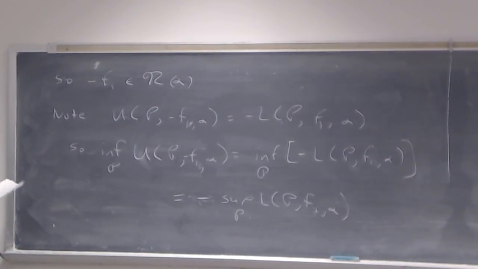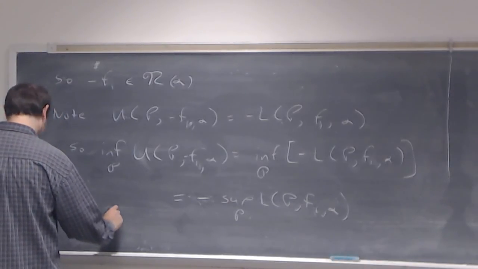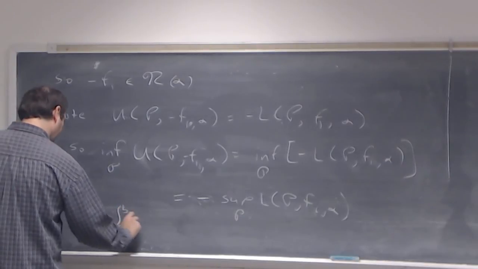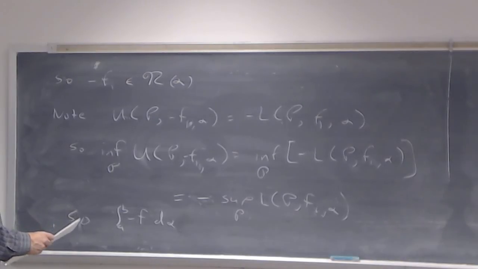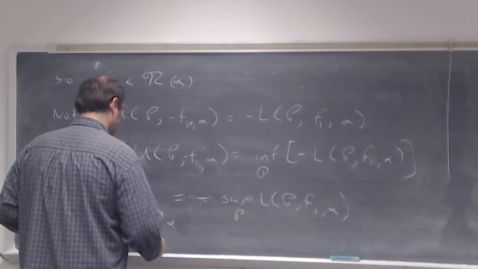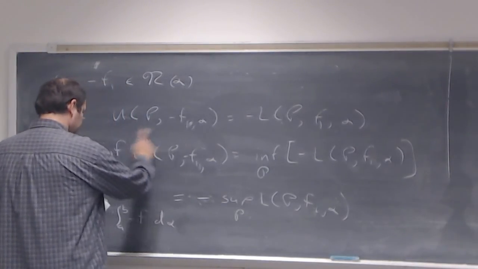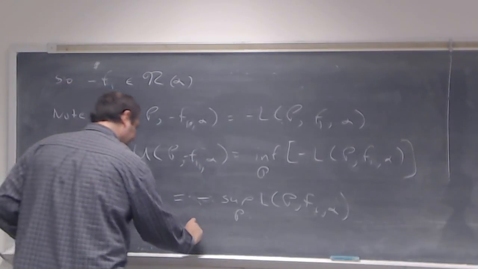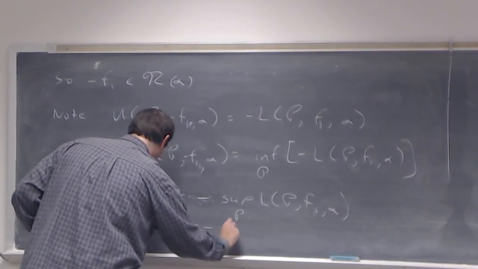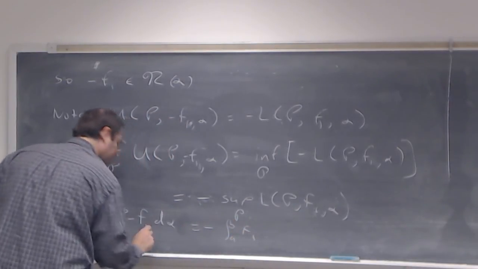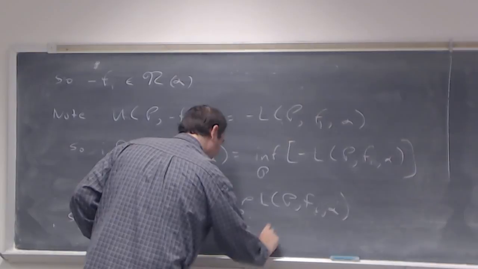Okay. So what that says is that the integral from a to b of minus f d alpha is equal to, so that's this integral right here, this part is minus the supremum of the lower sums for this guy, is the integral from a to b, and this is just f sub 1, where this guy was minus f sub 1, d alpha.